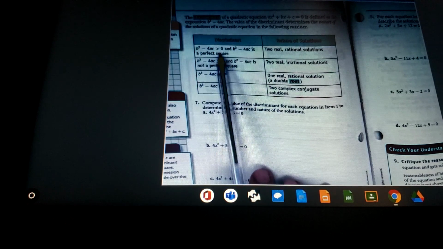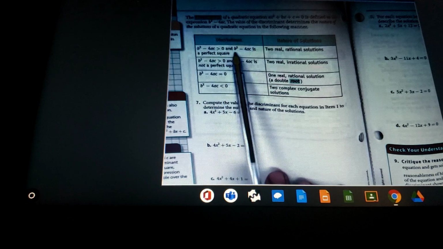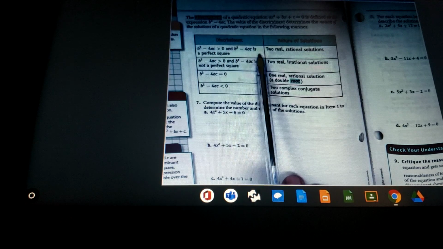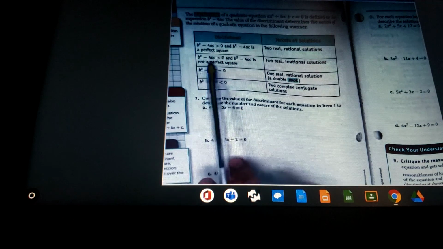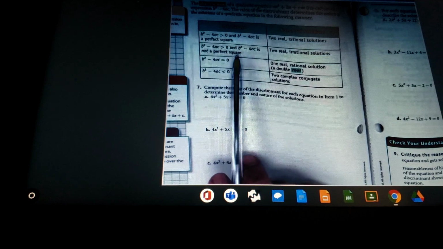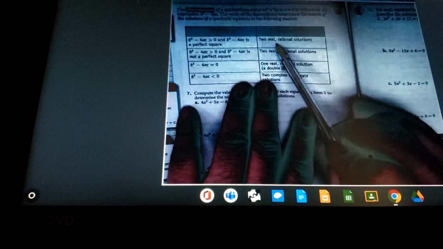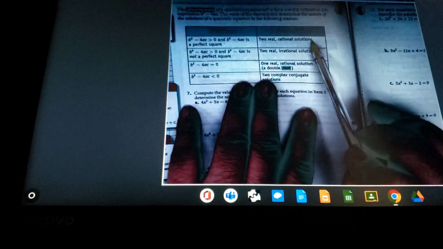Discriminant b squared minus 4ac: if it is greater than 0 and b squared minus 4ac is a perfect square; if b squared minus 4ac is greater than 0 and is not a perfect square. So in the first one, we have two real, rational solutions.